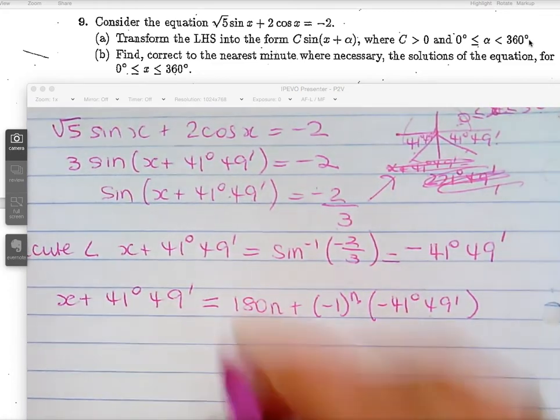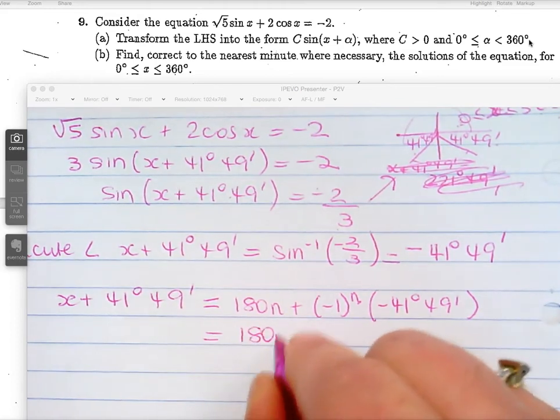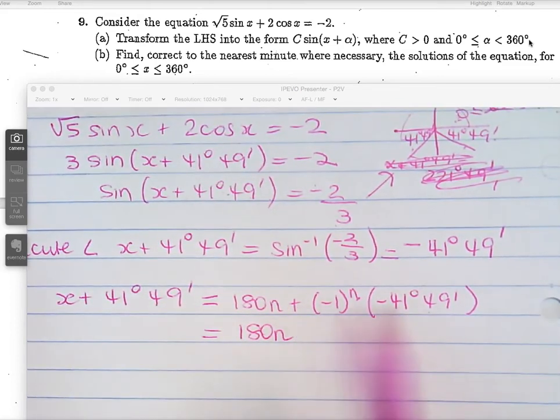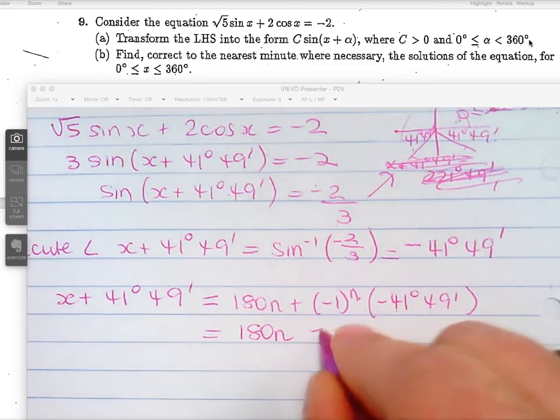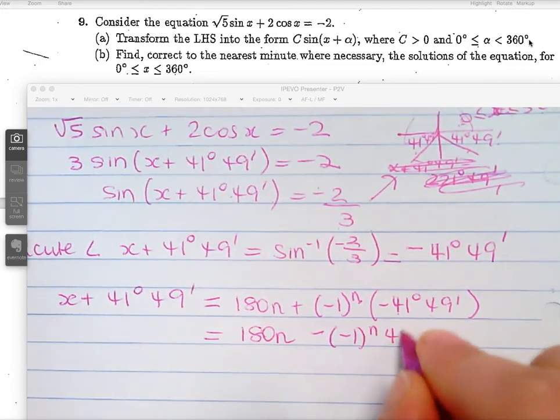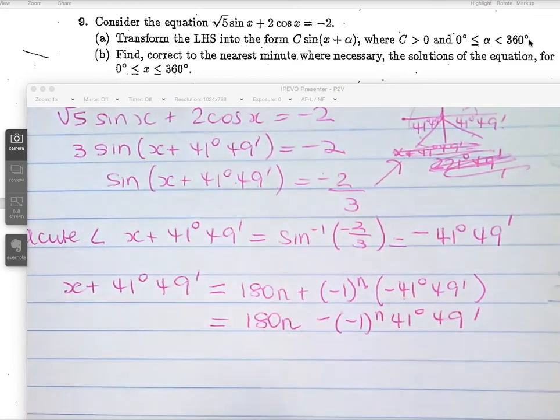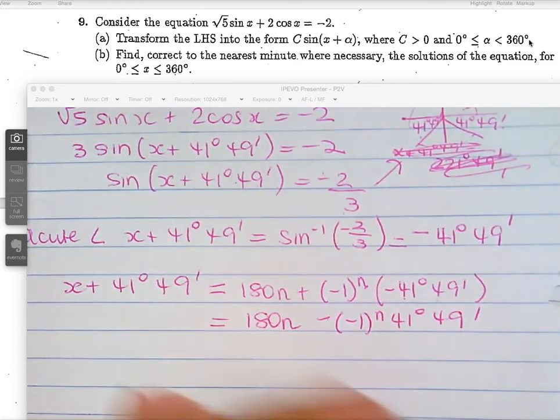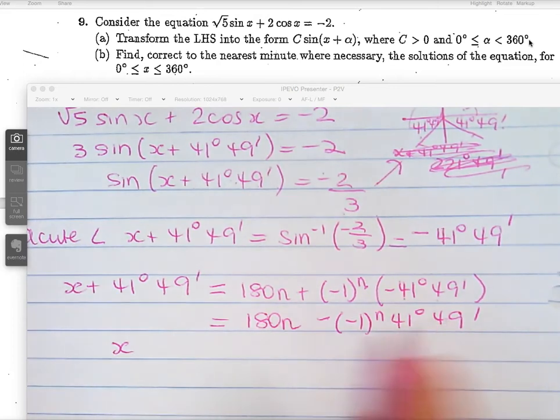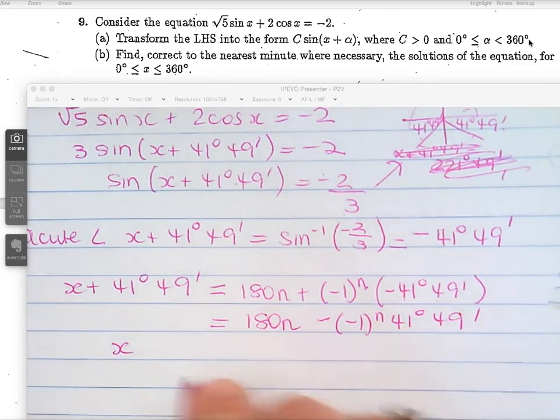So we've got that with the general solution, which is 180n. What happens? Plus, minus? It becomes a minus. Minus negative 1 to the n, 41 degrees, 49 minutes. Now, you just bring that over. It doesn't actually cancel because that's multiplied by negative 1 to the n.